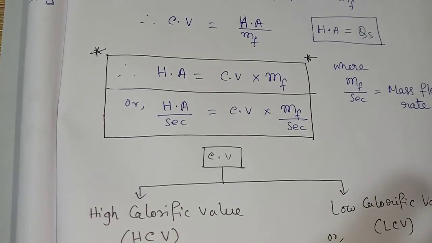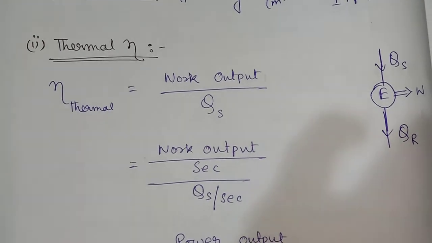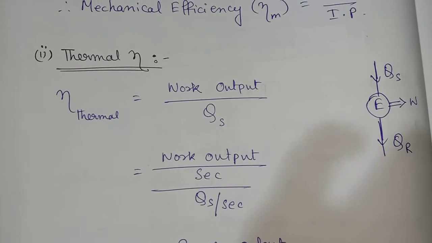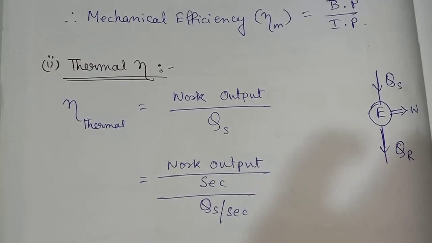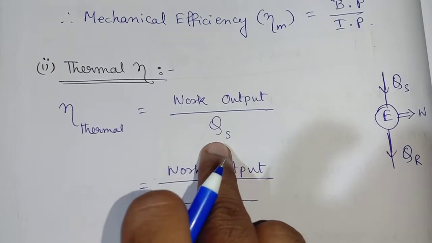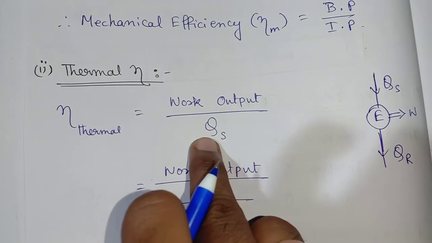Now if we have to calculate the thermal efficiency in terms of calorific value and mass of fuel, then thermal efficiency is equal to work output by heat supplied. Work output means output by input, and input is heat supplied.